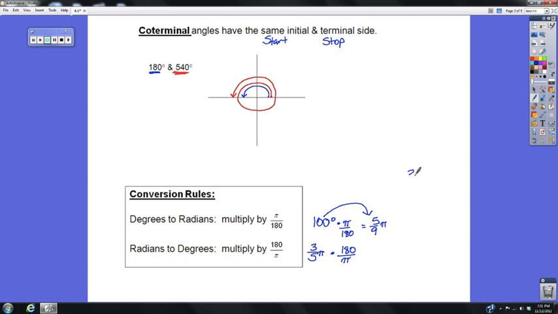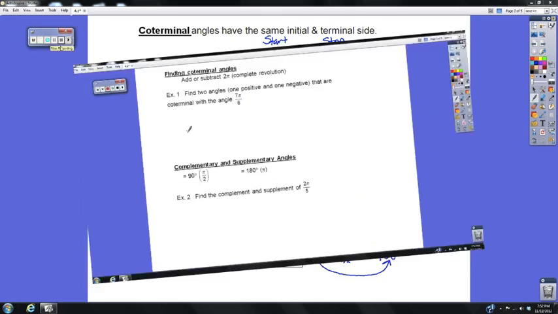It's like having 3 pi over 5. So I'm going to cancel out the pi's and do 3/5 times 180, and that is 108 degrees. So that's converting radians to degrees. So there's a quick review of that in case you had forgotten.